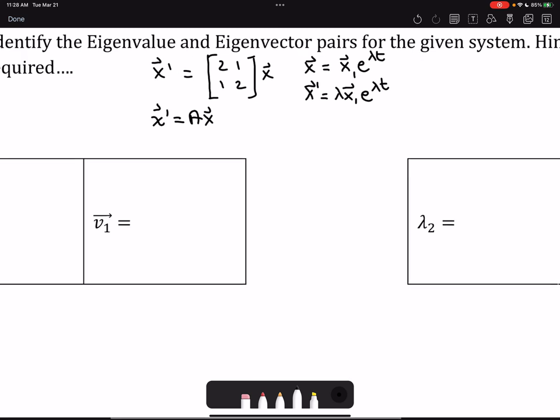Okay, so now if we substitute that back in, we're going to have e to the lambda t here, and A, and now for our x, we said our x is x sub 1 e to the lambda t, which means that this is going to cancel out, and we're going to have Ax1 equals, I'm just flipping, equals to this.